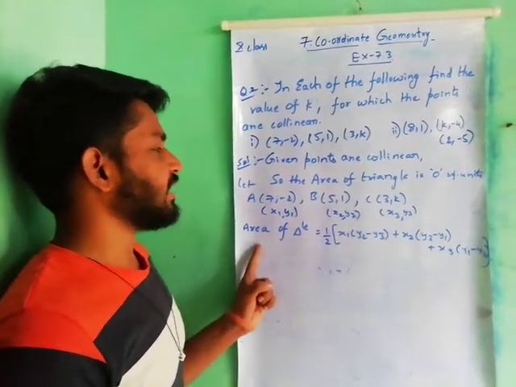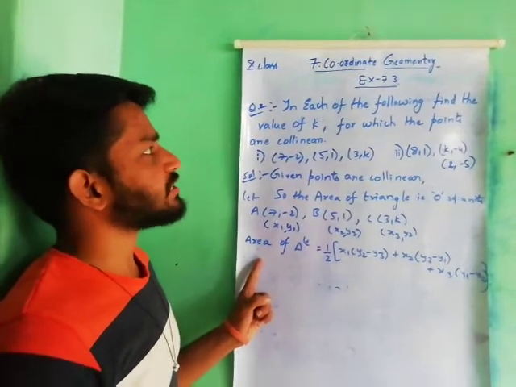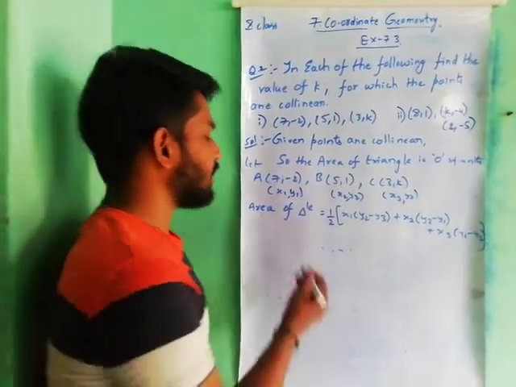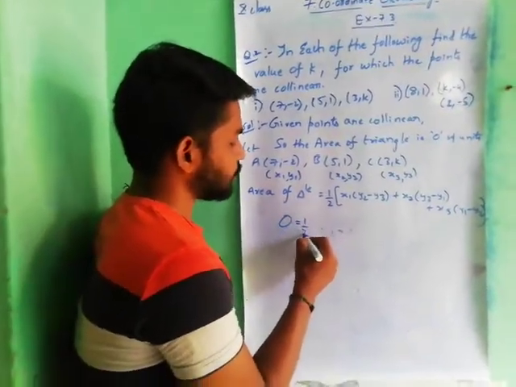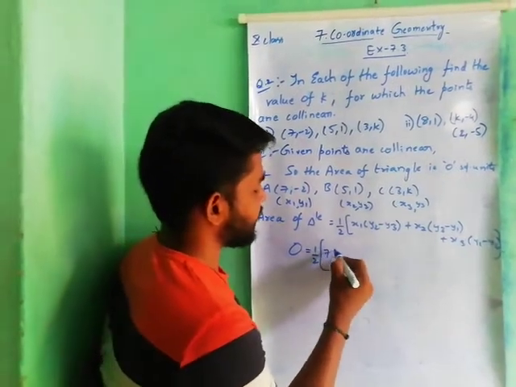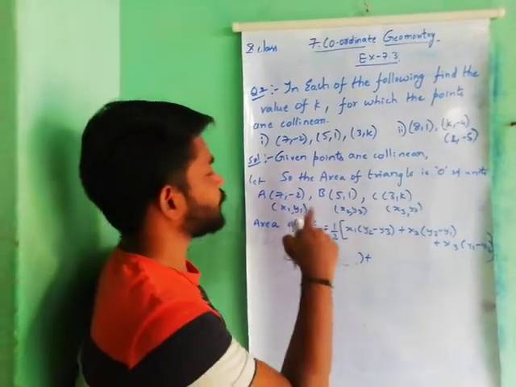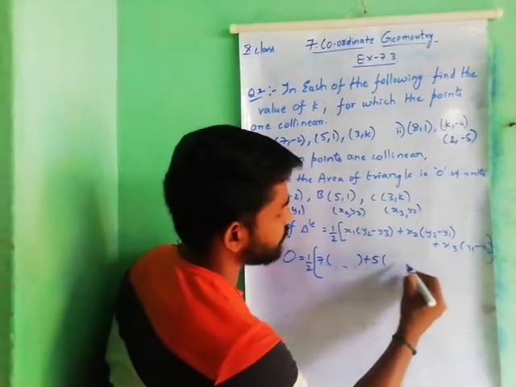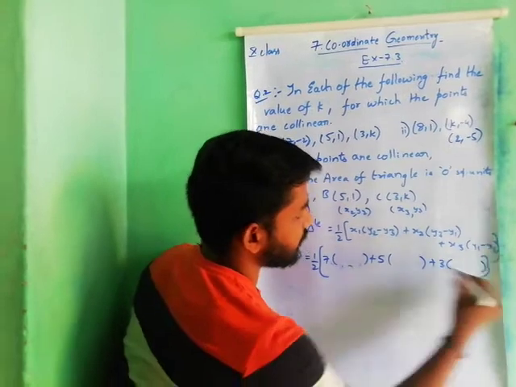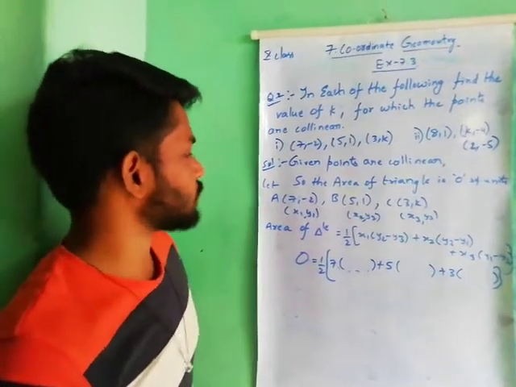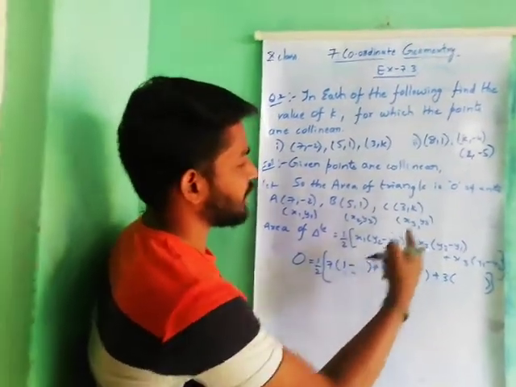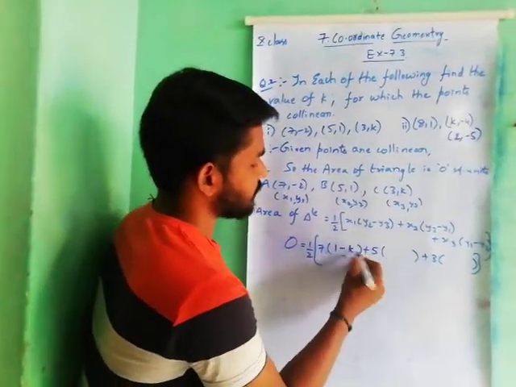So the area of the triangle is 0. Why? Because already it is mentioned that the given 3 points are collinear. Collinear means area 0 is equal to half into, first you write the x1 value 7, x2 value 5, x3 value 3. Now substitute the remaining values also. y2 minus y3: y2 here is 1, minus y3 means k.